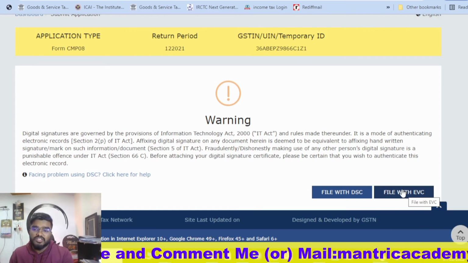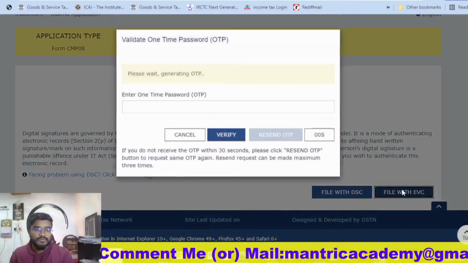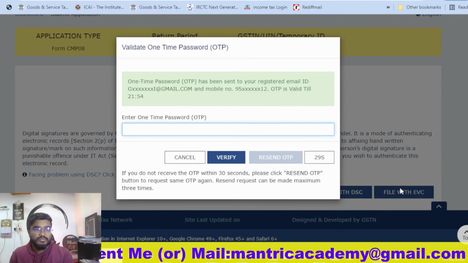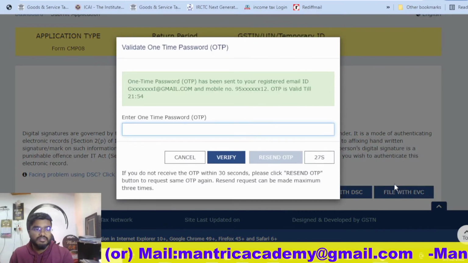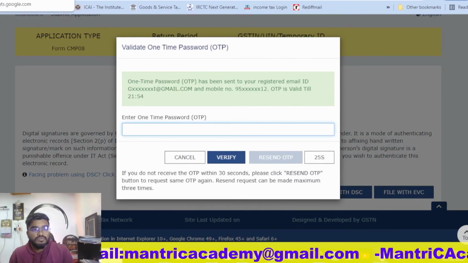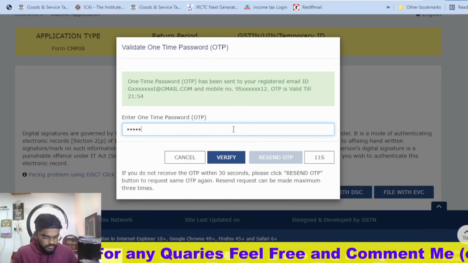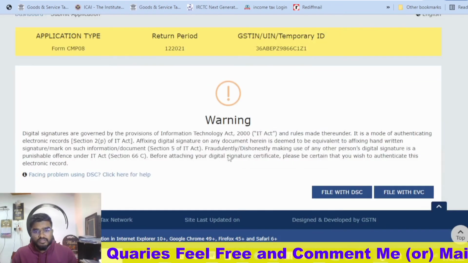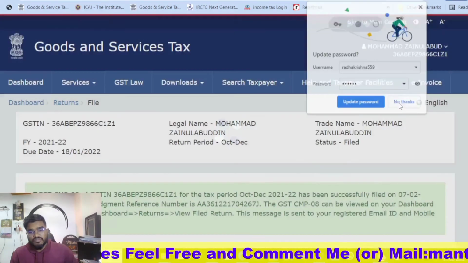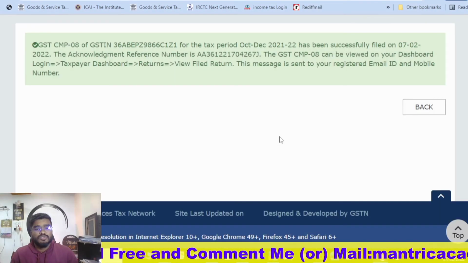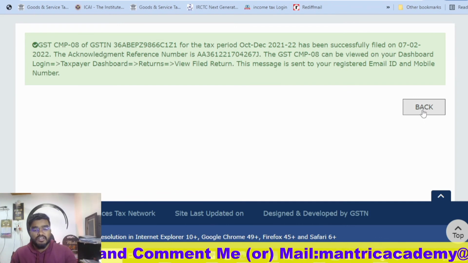File with EVC. If you have a DSC, you can file with DSC also, but filing with EVC is possible. The same OTP will be sent to the registered mail. Verify. The return will be successfully filed. The composition return is simple.